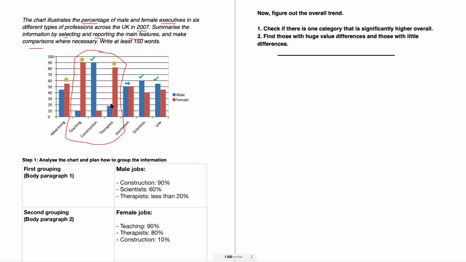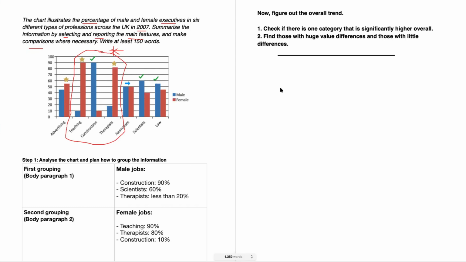There really isn't any use writing about the journalism sector, scientists, law, or advertising because they're quite similar. You want to focus on this trend in your overview paragraph, the fact that there are such large gaps. So this is definitely a trend that we can include in our overview paragraph. And then of course, in our 2 body paragraphs, we'll include this information about male jobs and female jobs.